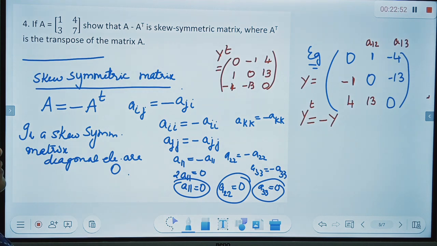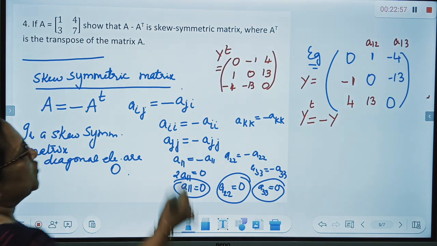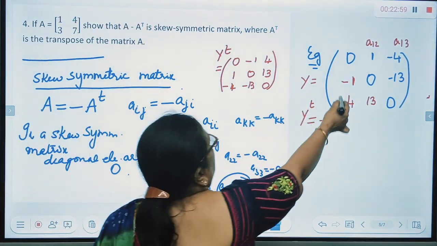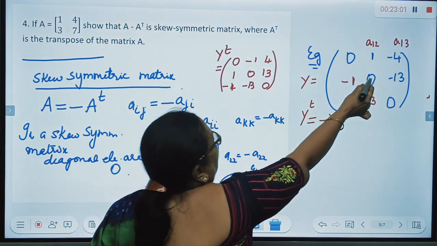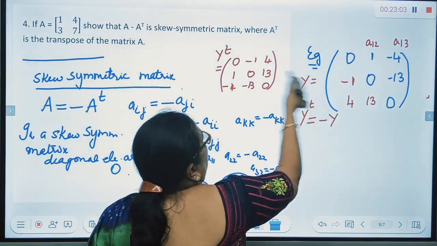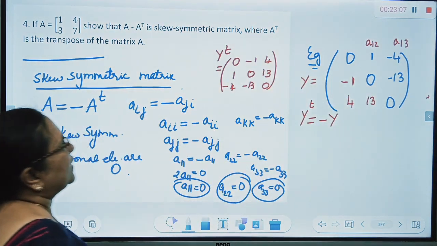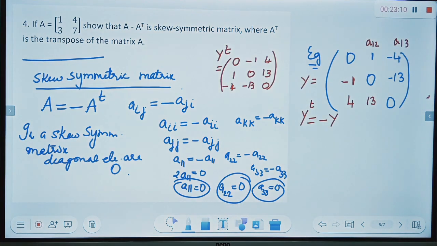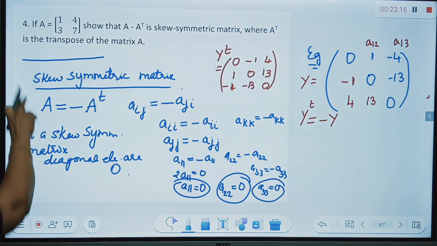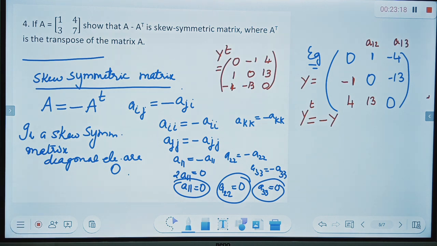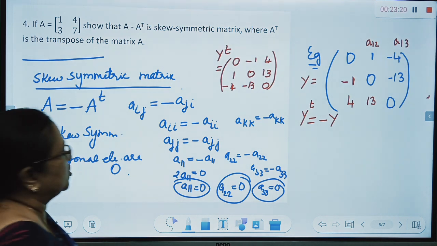Is it minus y? So what will be minus y? This is your y, and in minus y, minus 4 has become 4, minus 1 has become 1, 0, minus 13 is 13. So you can see y transpose is equal to minus y. Then y is a skew symmetric matrix. Now we are going to show the given matrix A minus A transpose is skew symmetric.